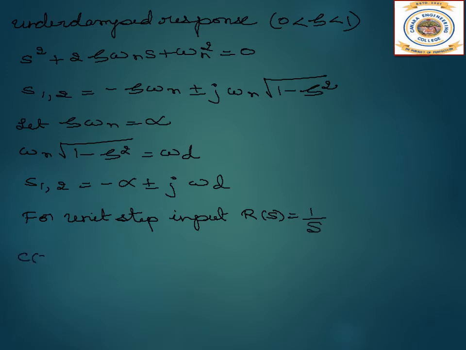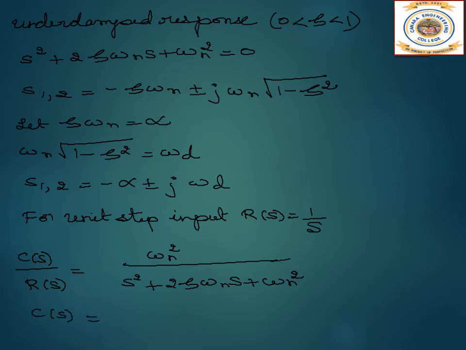Now let us consider the transfer function. C of s by R of s equal to omega n square divided by s square plus 2 zeta omega n s plus omega n square. Now let me substitute for R of s. So C of s is 1 by s times omega n square divided by s square plus 2 zeta omega n s plus omega n square.